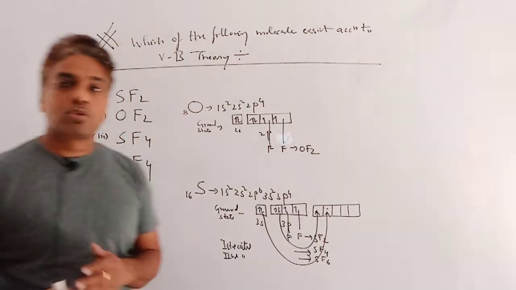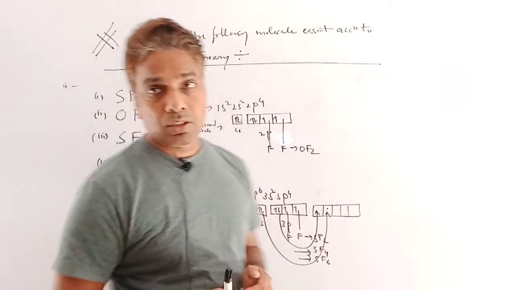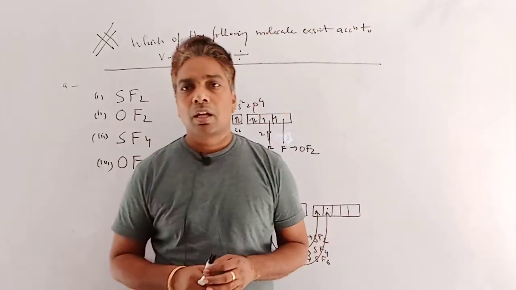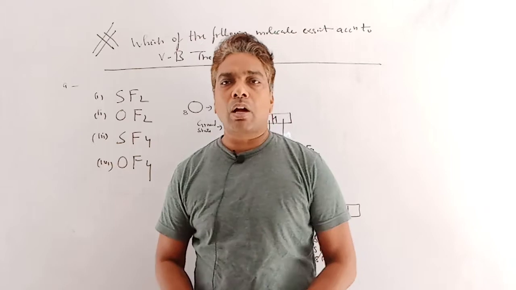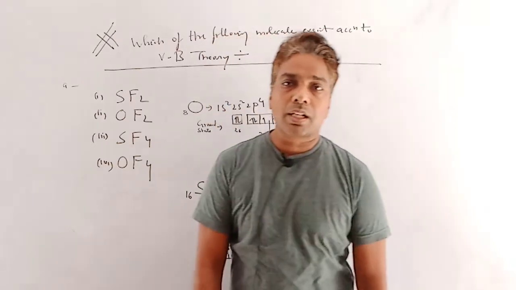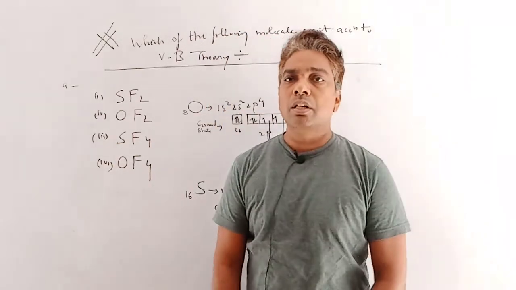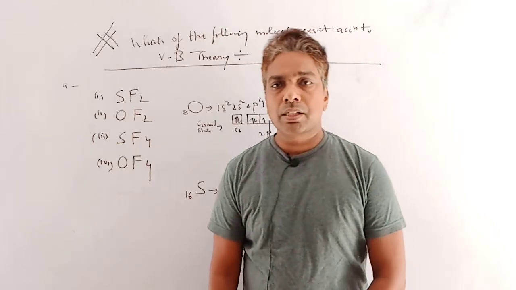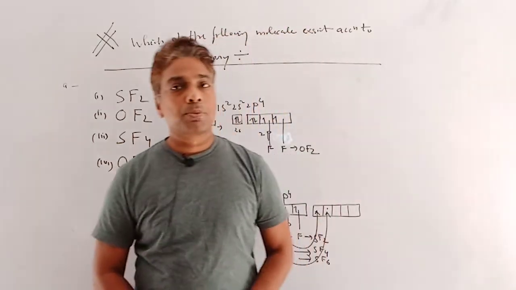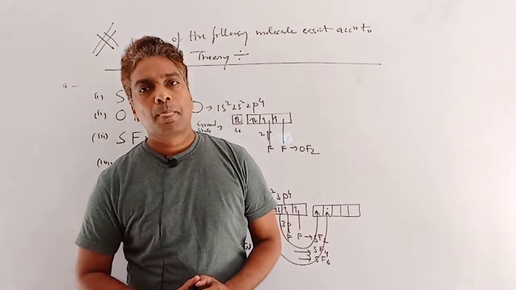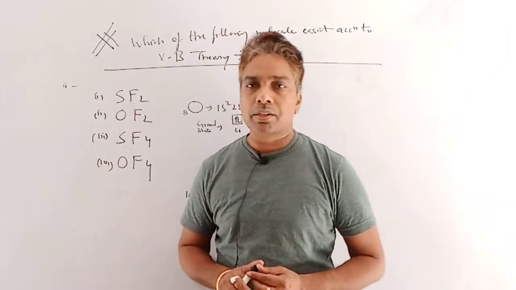So SF2, SF4 and SF6, all molecules exist. SF2 exists in the ground state, while SF4 as well as SF6 exist in the first as well as second excited state respectively. But in the case of oxygen, due to the absence of a vacant d subshell, only the OF2 molecule exists.